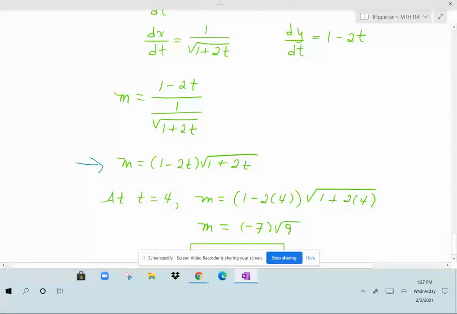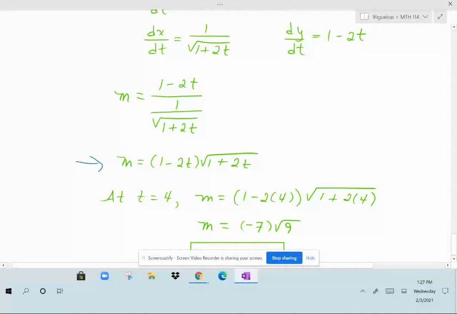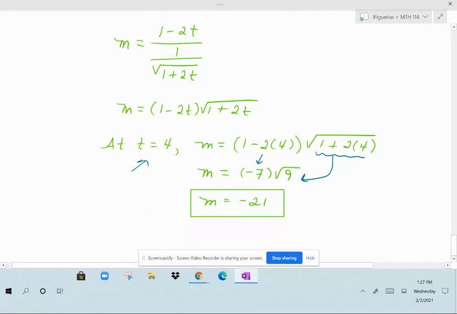Now I'm ready to substitute in 4, which is what t is equal to. So I get 1 minus 2 times 4, which we know is negative 7. And then here I get 1 plus 2 times 4, which we know is the square root of 9. And when you simplify square root of 9, that's 3. So my slope is equal to negative 21 for those parametric equations at t equal to 4.